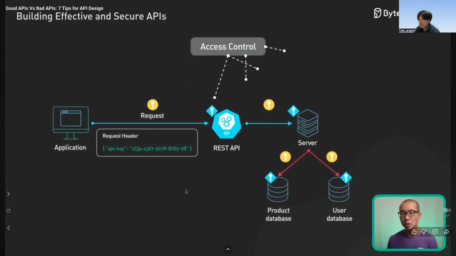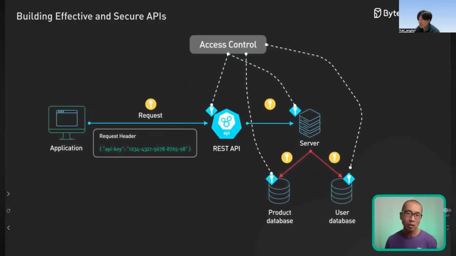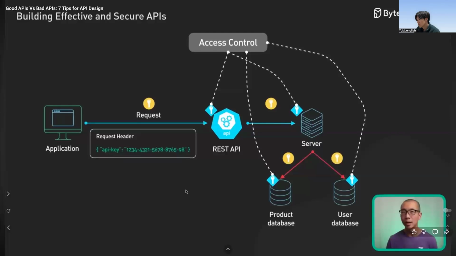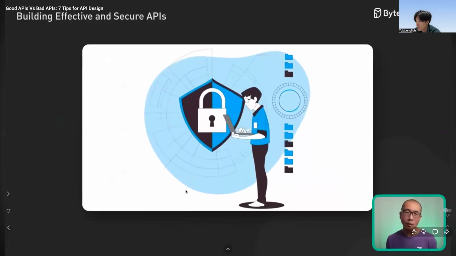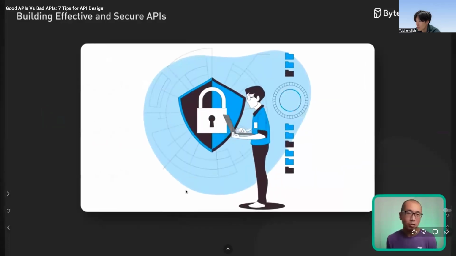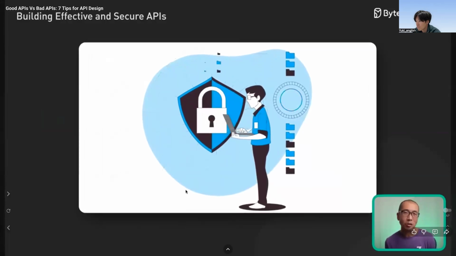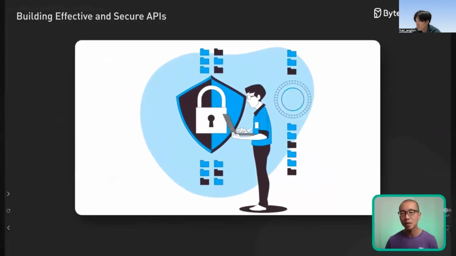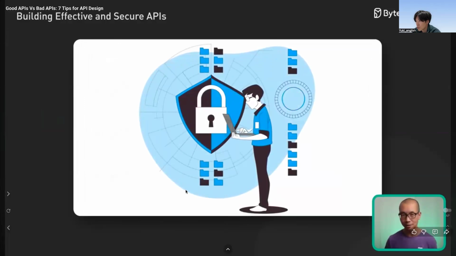Implement robust access controls. Verify keys and tokens on every request before processing. Security is a deep topic. We just scratched the surface. Make sure you keep yourself up to date with the latest best practices.